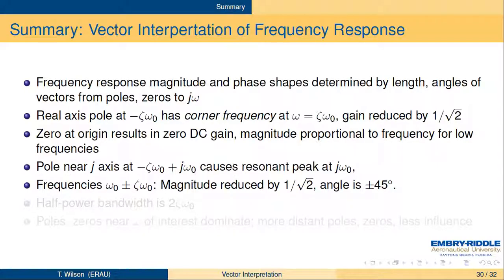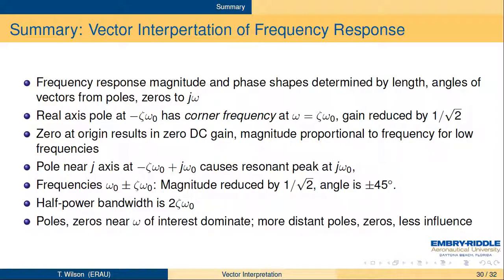And on each side of that resonant frequency, when you change the frequency by zeta omega naught, the gain changes by a factor of 1 over root 2. That makes the half power bandwidth 2 zeta omega naught. So that minus zeta omega naught and that plus zeta omega naught determine the range. When you're within omega naught plus or minus zeta omega naught, the gain is going to be bigger than 1 over root 2, and the power is going to be bigger than 1/2.